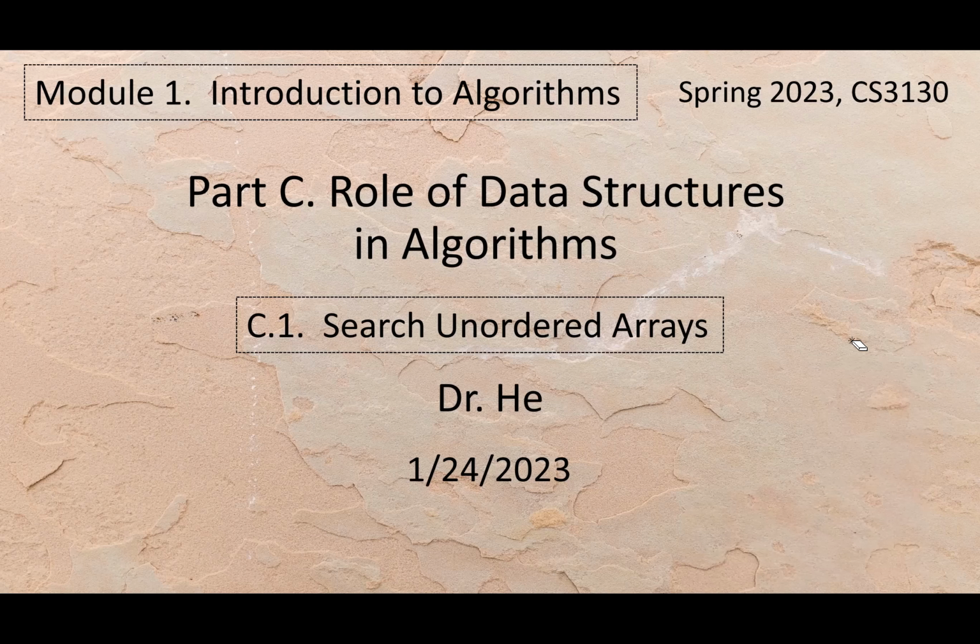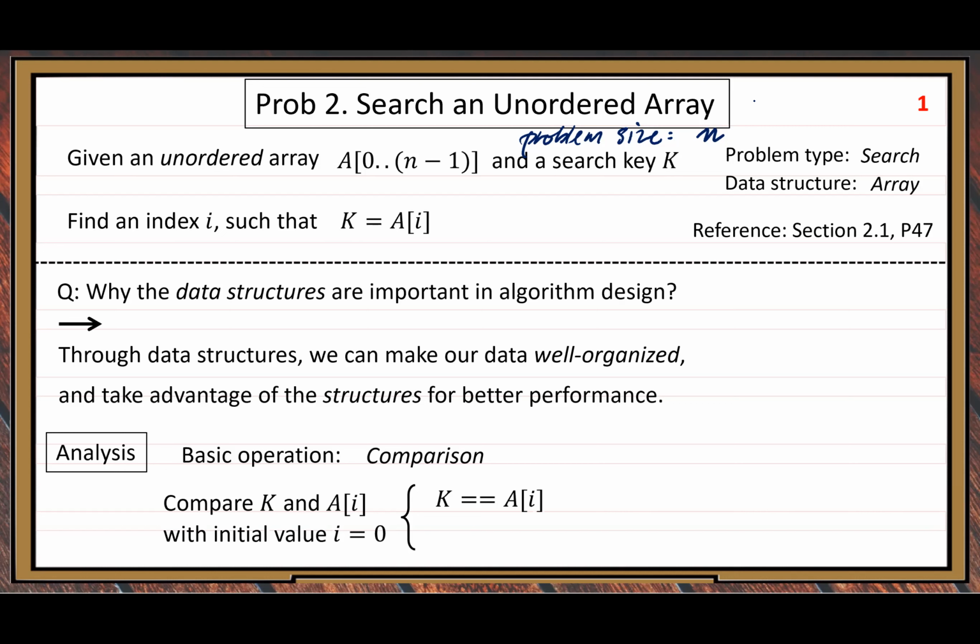When you start, you set the initial index value, i equals 0. Then you do iterations. If k equals a of i, you can return the value of i.